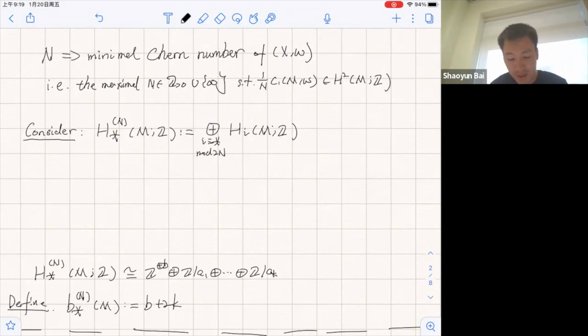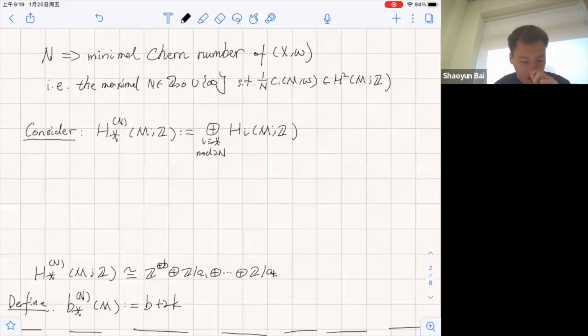Remember that for any symplectic manifold, we have a contractible space of compatible almost complex structures. That endows the tangent bundle of M with a complex structure, and the first Chern class is defined to be the first Chern class of this complex vector bundle.